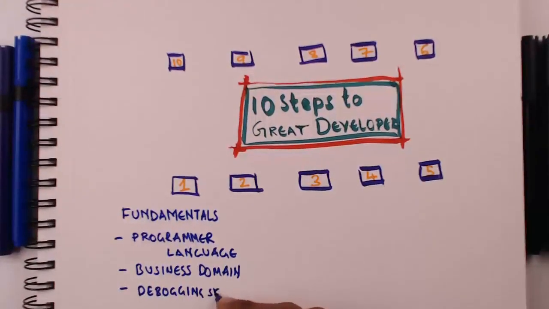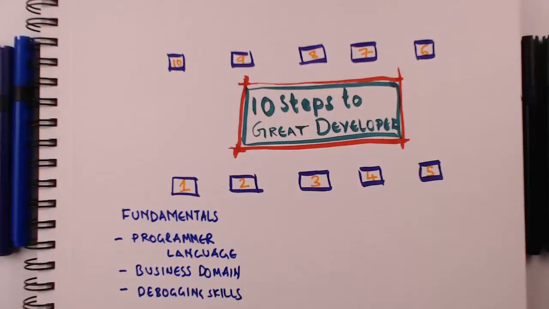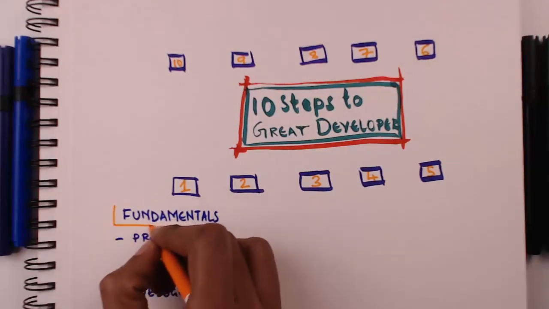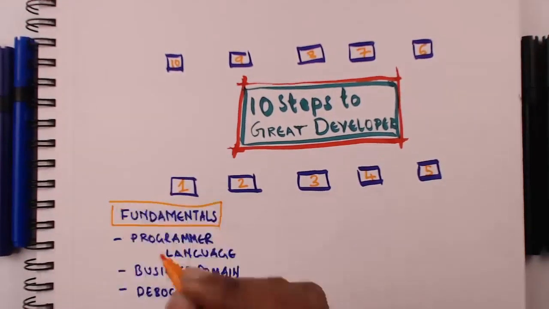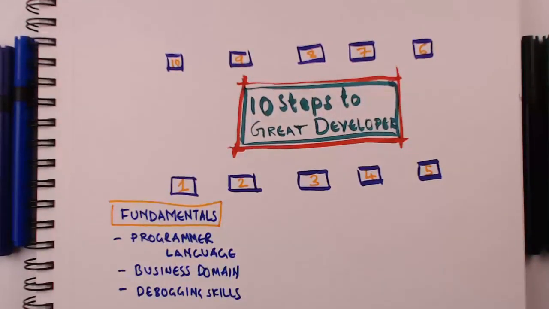You should have the skills to be able to find out what's going wrong. You should be able to think and solve all the problems that are present. So that's the fundamentals. The fundamentals are basically that you need to understand your programming language very well. You need to understand your business domain very well, and you need to have great debugging skills.